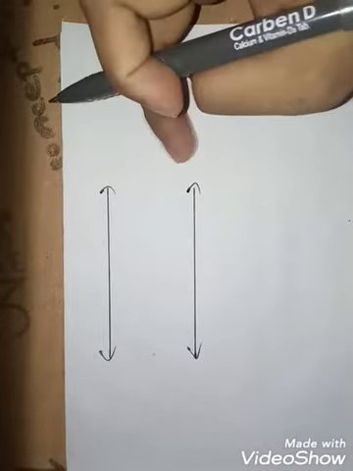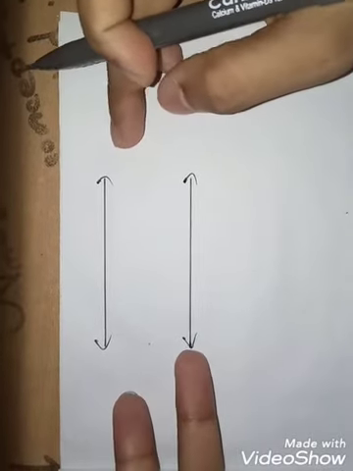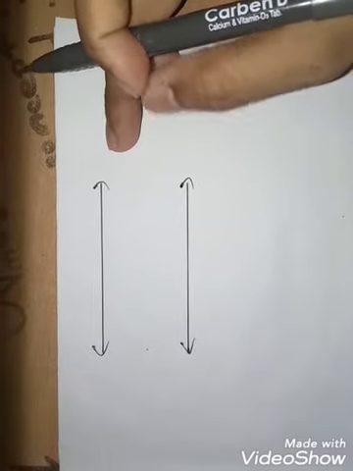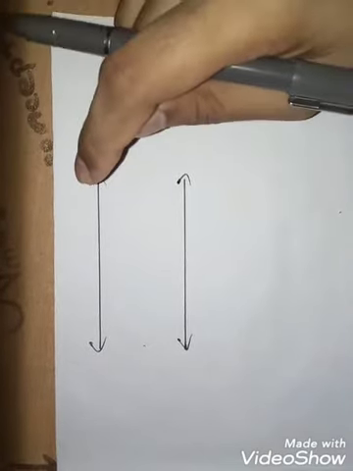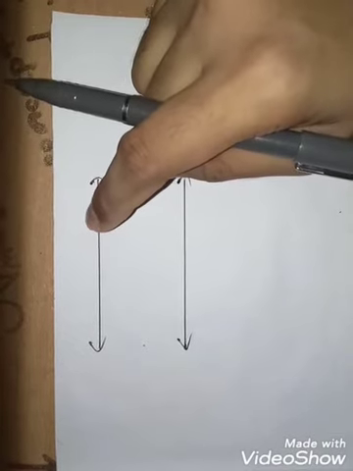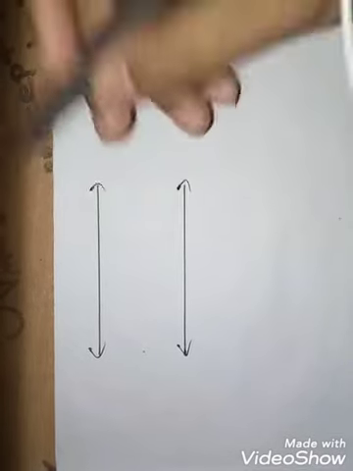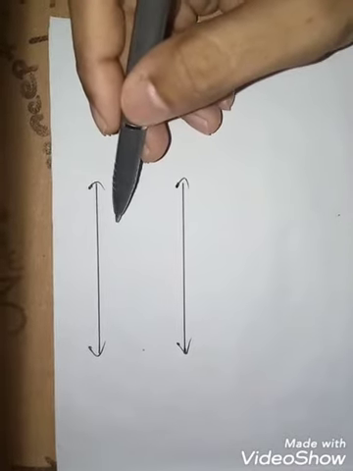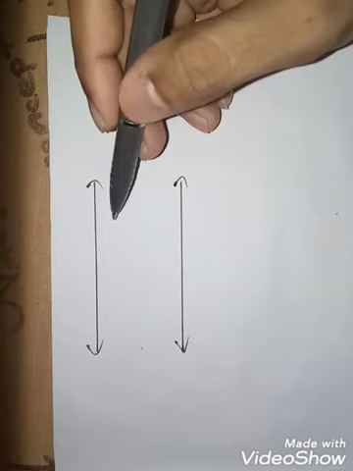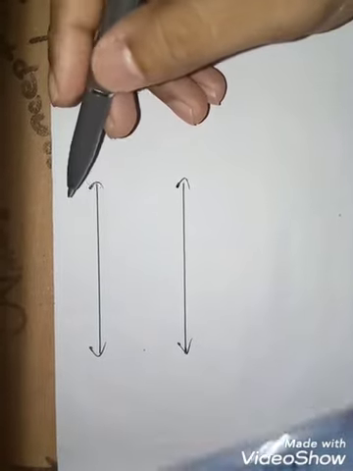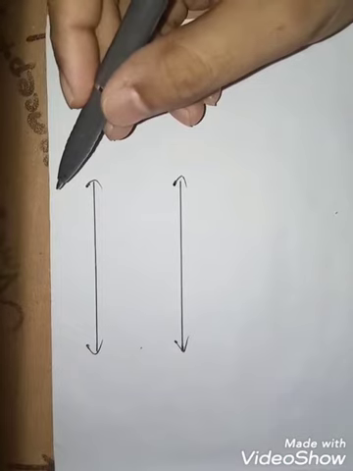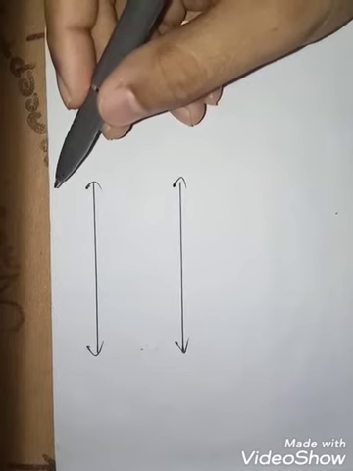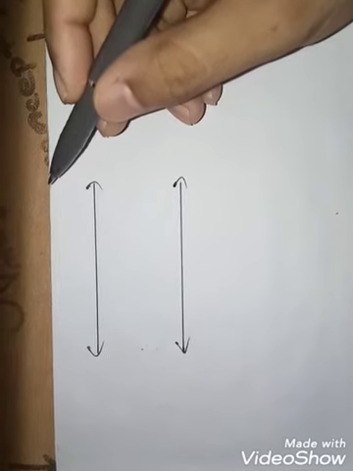We can call these two lines parallel to each other only if the shortest distance between these two lines at all points is equal.